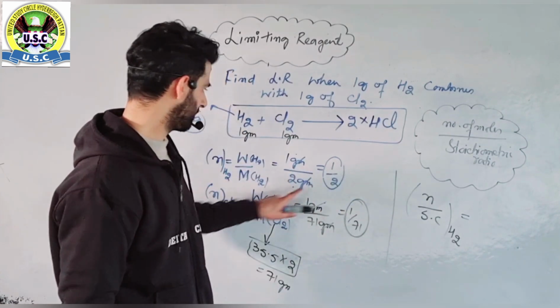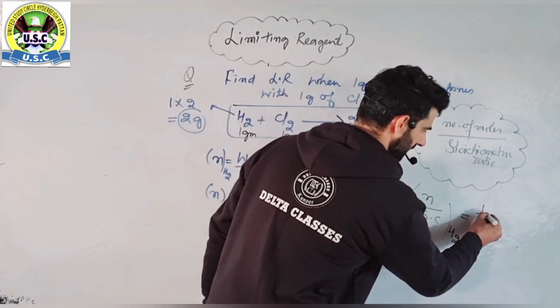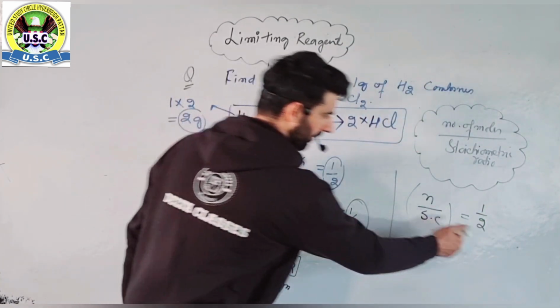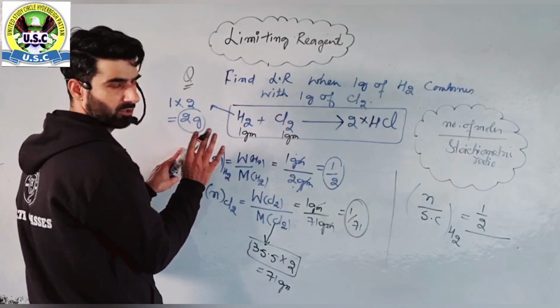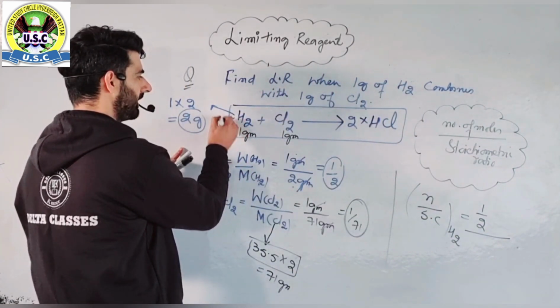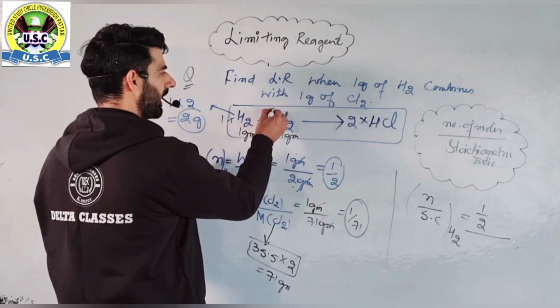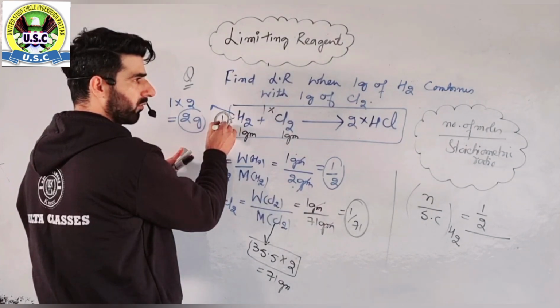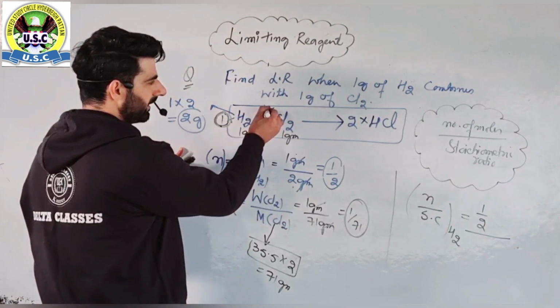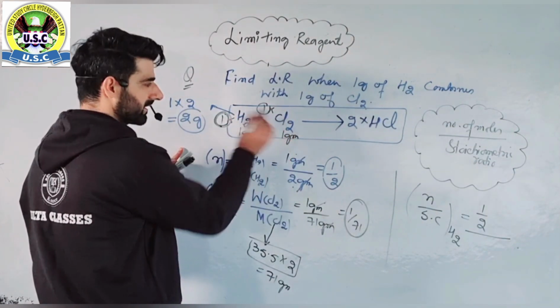The number of moles for H2 is 1 by 2, which is 1 divided by 2, whole divided by the stoichiometric coefficient. This is the stoichiometric coefficient: we have 1 hydrogen molecule and 1 chlorine molecule. One is the stoichiometric coefficient of H2, and this one is the stoichiometric coefficient of Cl2.